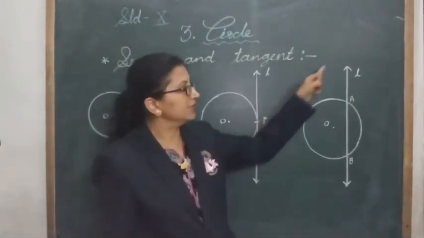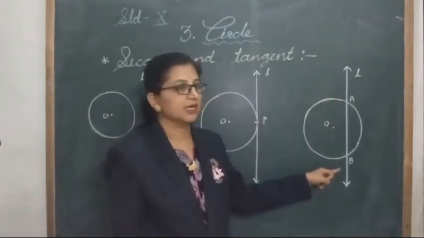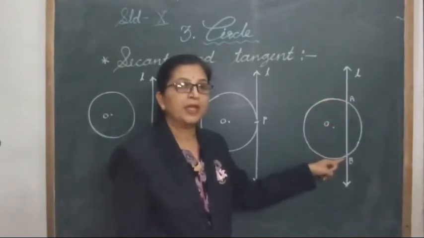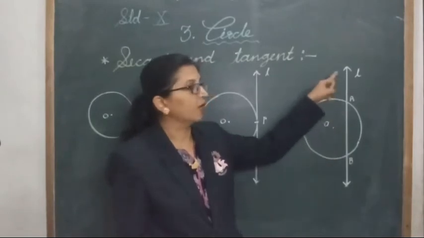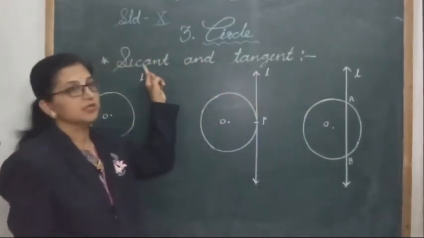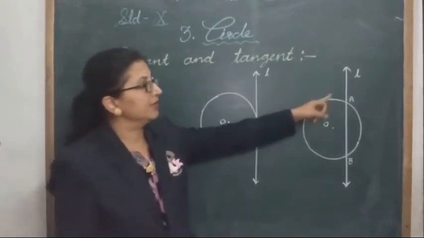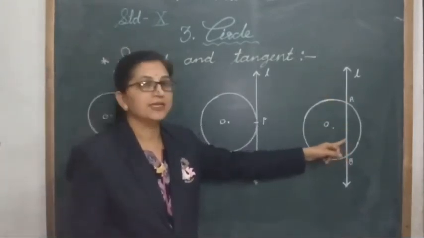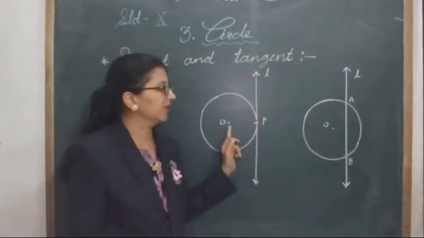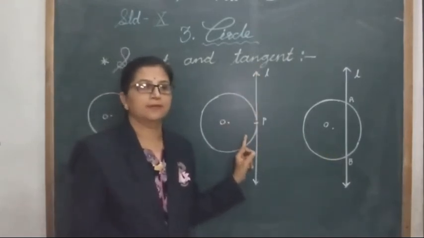But now this line L is touching the circle at 2 points, point A and point B. So in this case we call this line a secant. This line L in this figure is a secant, while this line L in this figure is a tangent.